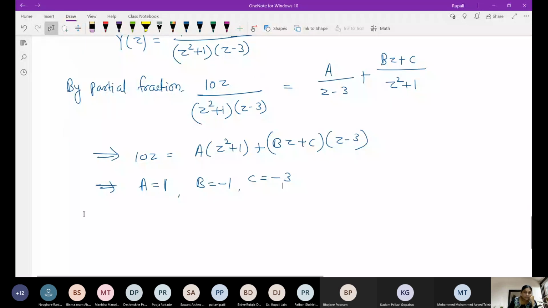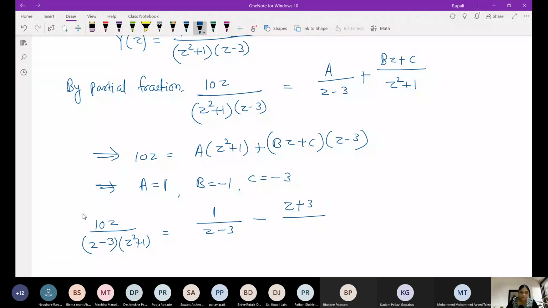So I can write 10z divided by (z minus 3)(z square plus 1) as 1 upon z minus 3 minus (z plus 3) divided by z square plus 1.